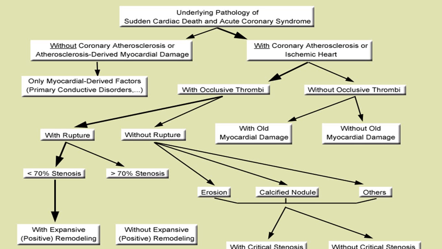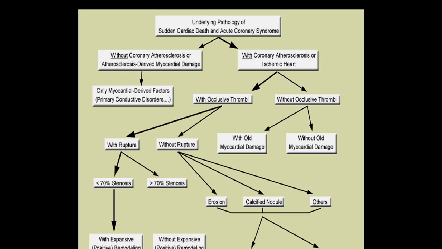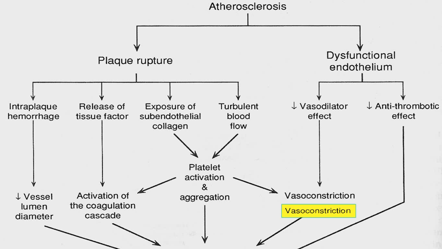Secondary to disruption of the plaque, what is going to happen? Plaque rupture, hemorrhage, the vessel lumen will be narrowed, release of tissue factors, activation of the coagulation cascade, formation of thrombus.